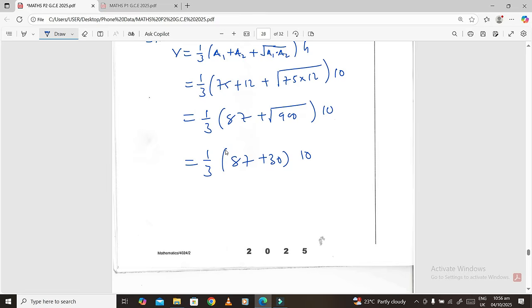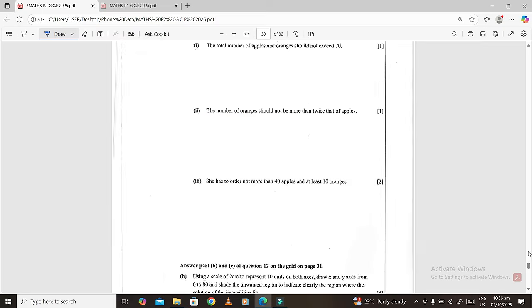The square root of 900 is 30, plus 87, giving us 117. We multiply by 10, getting 1170 over 3. And the answer here, when we divide by 3, is 390 centimeters cubed. This is the volume. We now go to our last question of this paper.